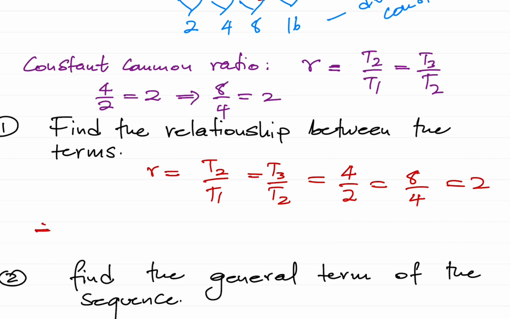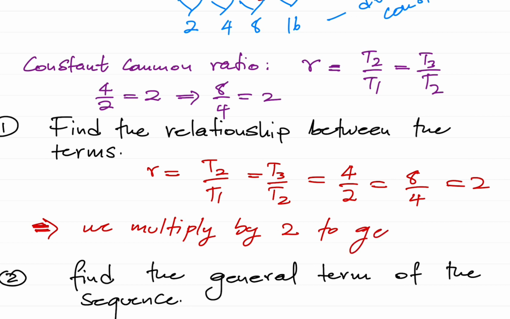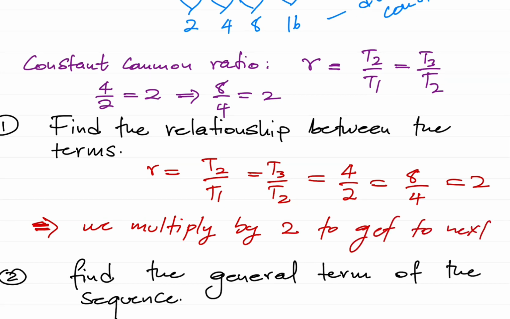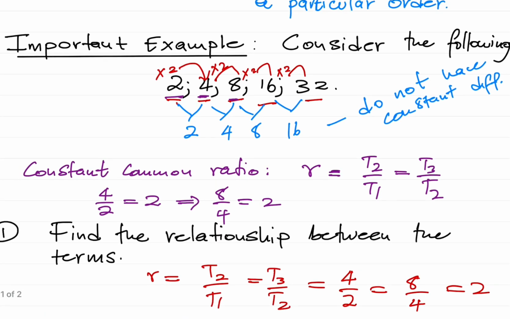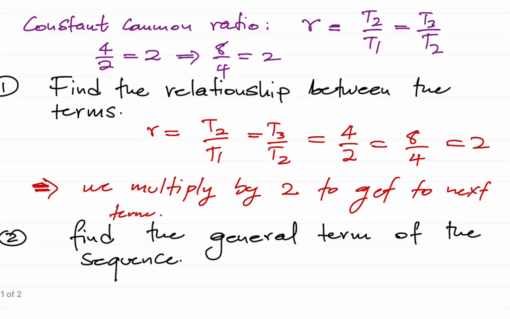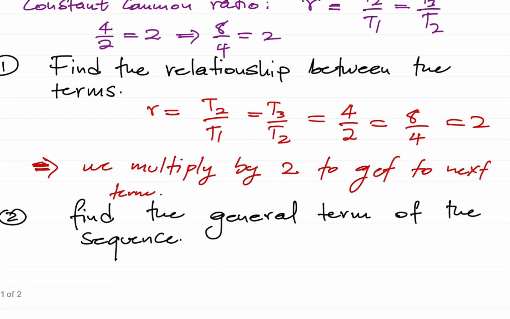That means we multiply by 2 to get to the next term. I hope everyone is happy with this. That is the relationship. We have a constant common ratio.